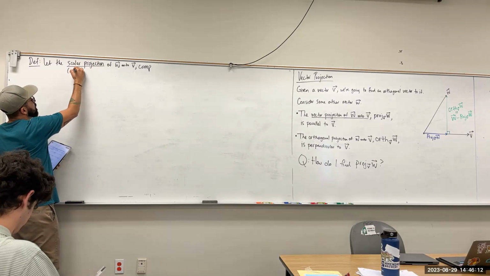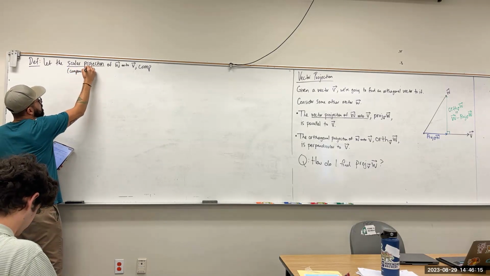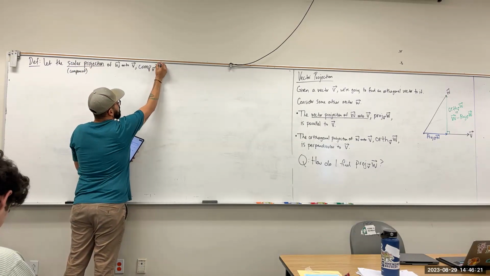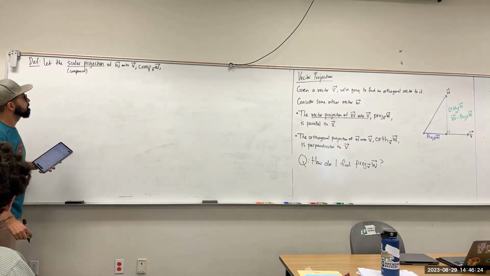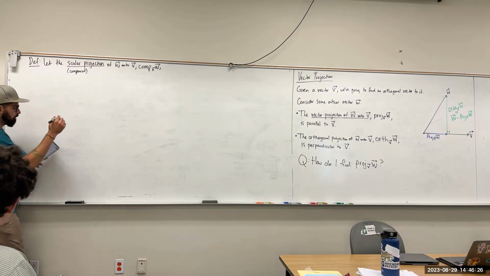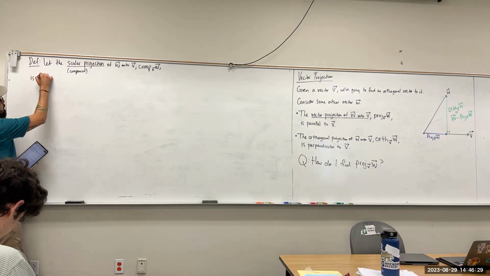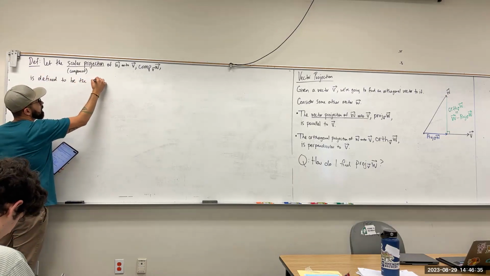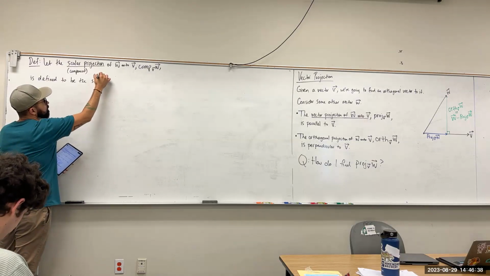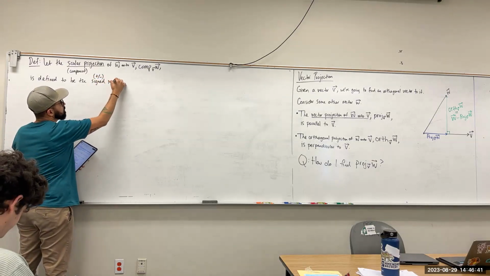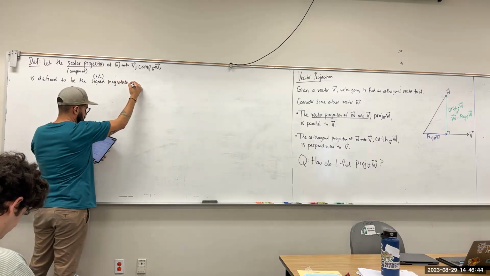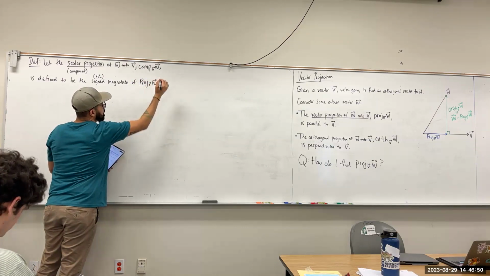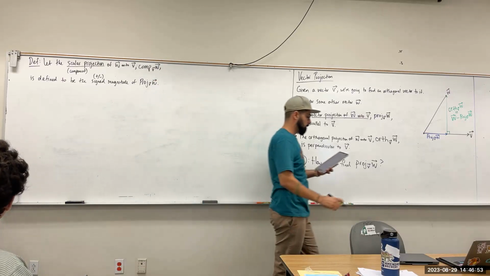Sometimes it's called the component projection, but your textbook calls it scalar. So this is going to be defined to be the signed, so that it's either positive or negative, magnitude of that projection.